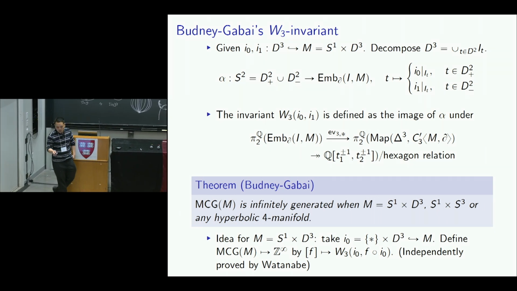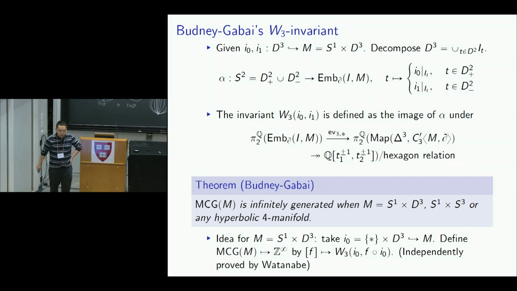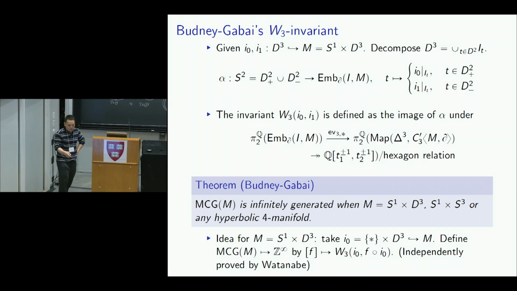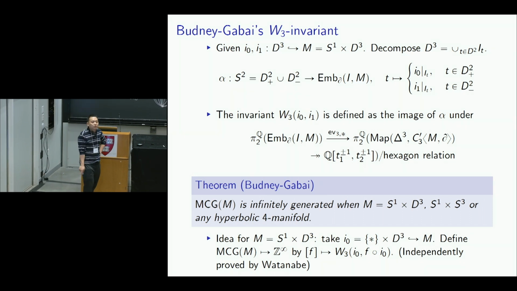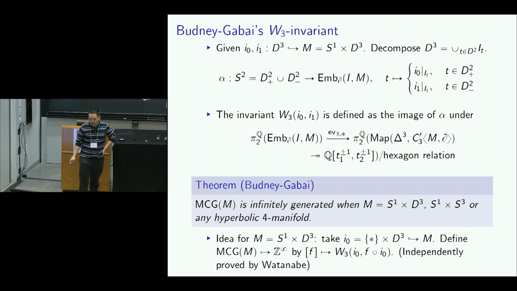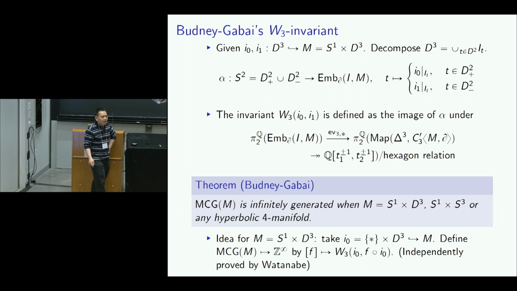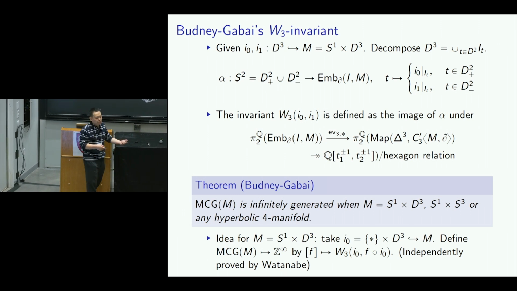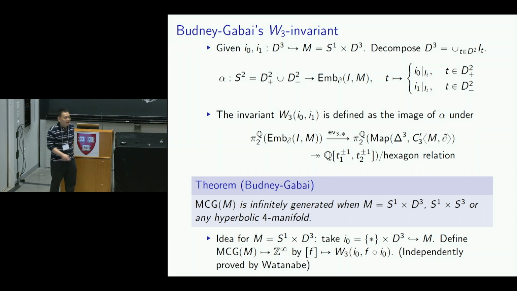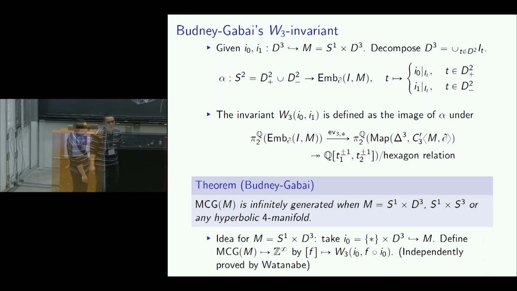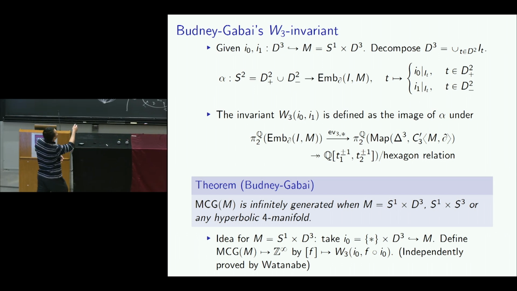Okay, and using this W3 invariant, they prove a very remarkable result. The mapping class group of S1 cross D3 is infinitely generated when M is a product of S1 cross D3 or S1 cross S3. And actually, they later generalized it to arbitrary closed hyperbolic manifolds.